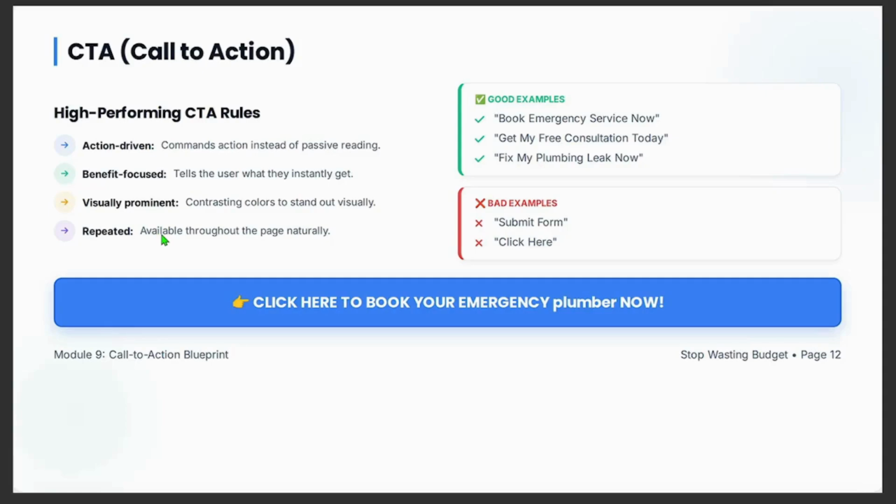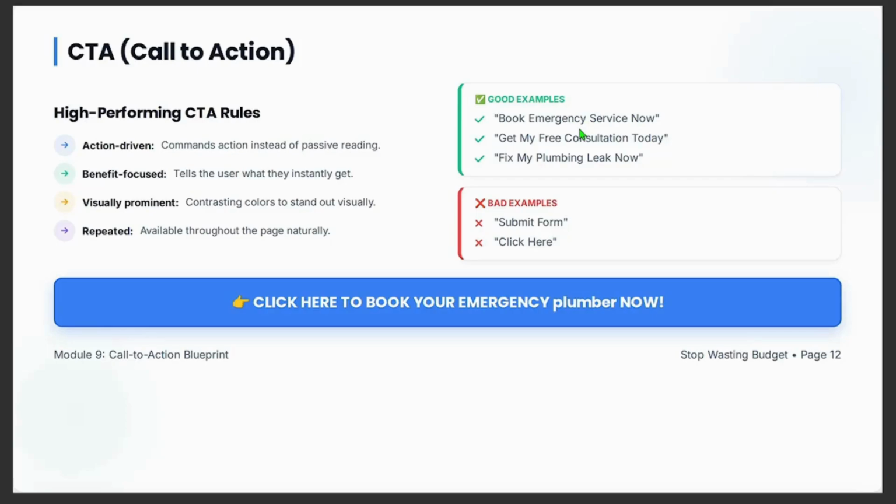Bad examples are like submit or click, and those are very weak. They don't tell the user what will happen. Good examples are: book emergency service now, get my free consultation today, or fix my plumbing now. So always use strong, clear, benefit focused CTAs.